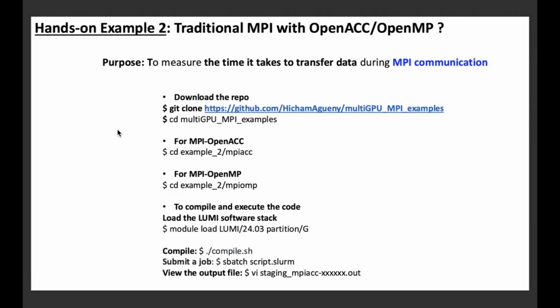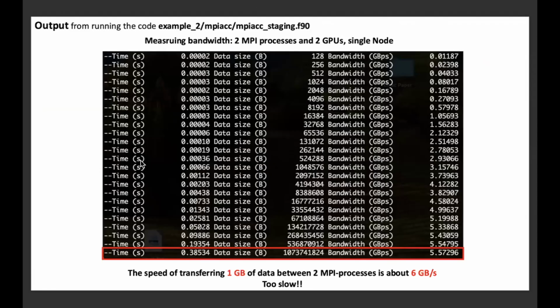Okay, I hope you managed to run the example. I have already seen there's output on HackMD. This is my output. What you see here on the left side is the time it takes to transfer 128 bytes of data, so here you have the timing, the size of the data, and here you have the bandwidth.